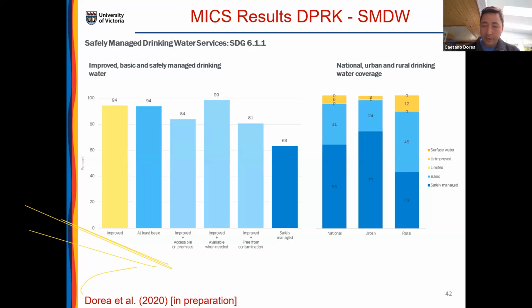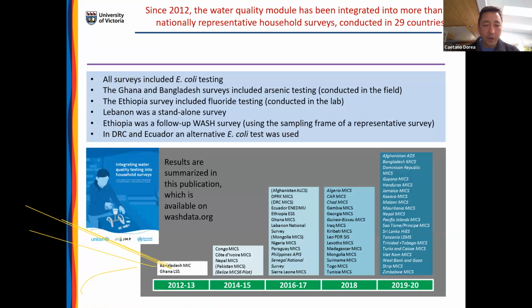And then this also indicates that graph similar to what I showed in Bangladesh. So before, if we just looked at improved, we would have 94% using improved water sources. But when we go to adding the other indicators, we get down to 63 are safely managed. So where we are right now is we are already in the MICS 7th round.